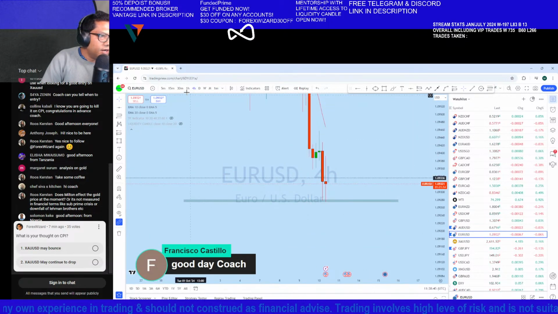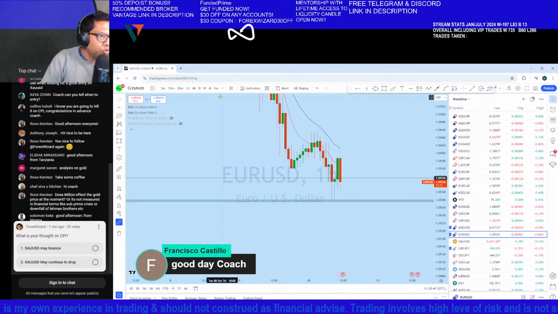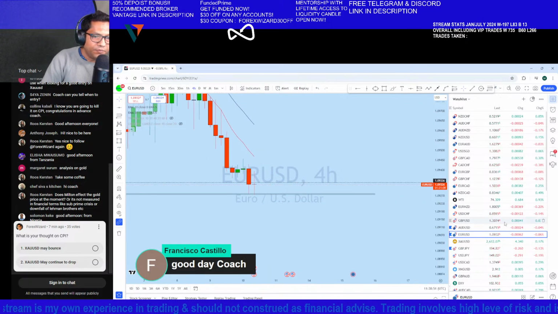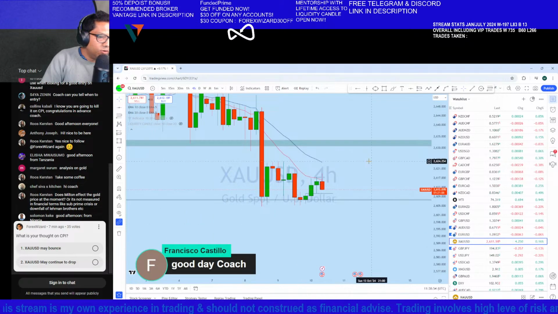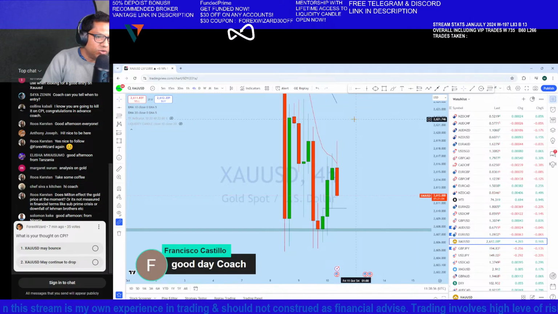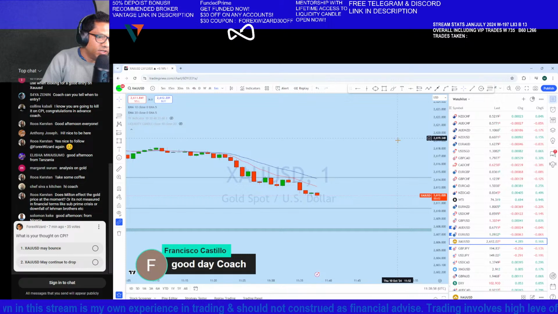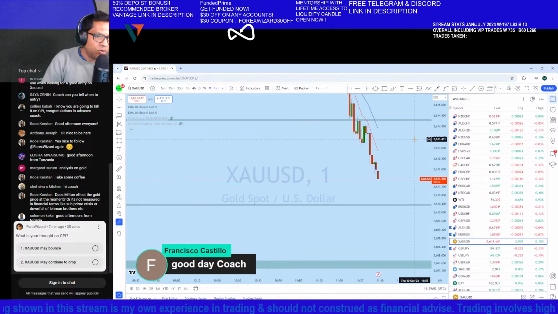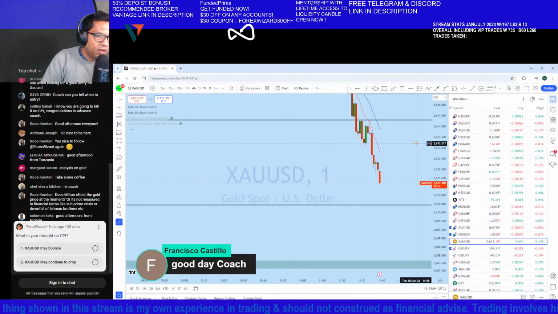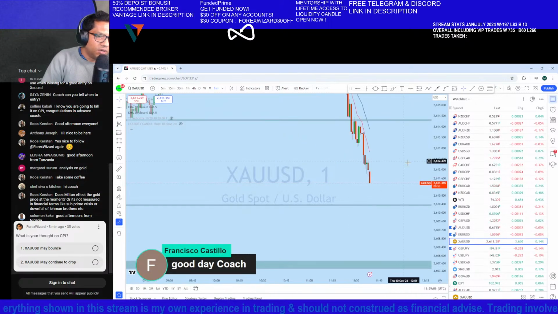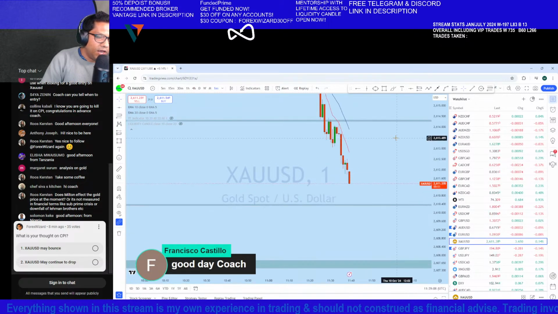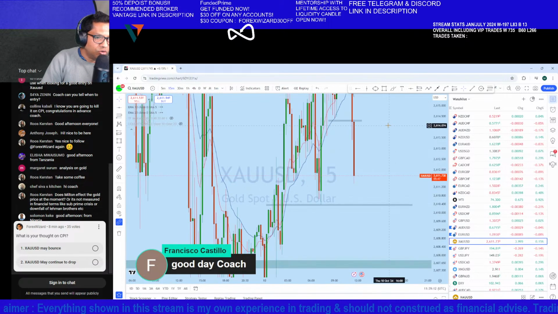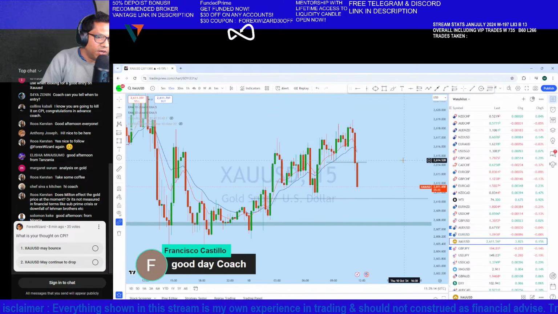If we look at euro dollar also, we can see the market trending very aggressively in that area. And I will be again looking at XAUUSD. I'm focusing on this one at the moment to see if there is any strong trading opportunity or any strong momentum here. We can see that after this doji formation, the market has started to drop, and it may continue to drop here. We'll see how far it might be going.